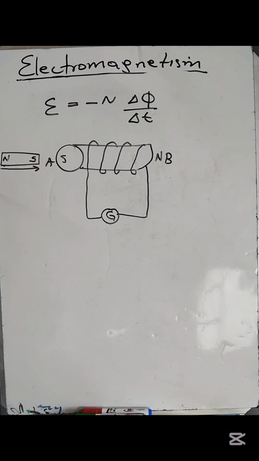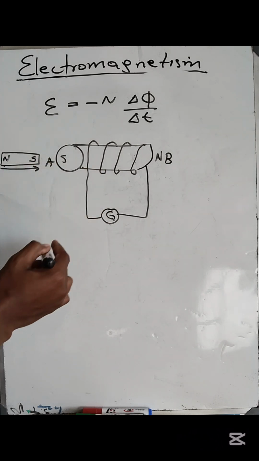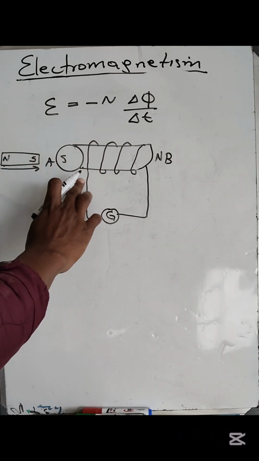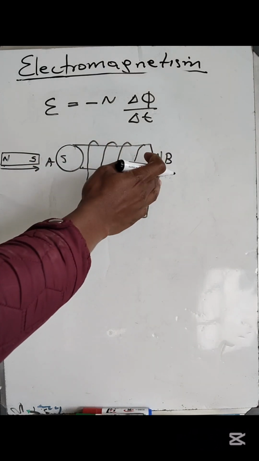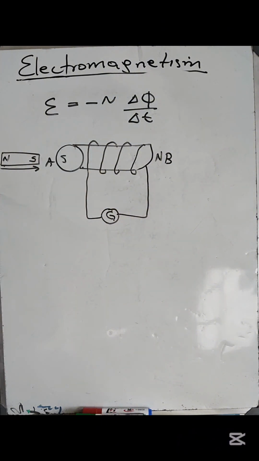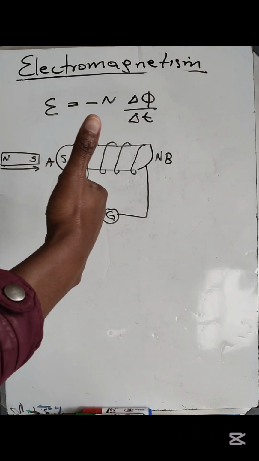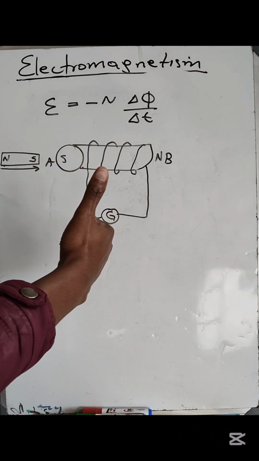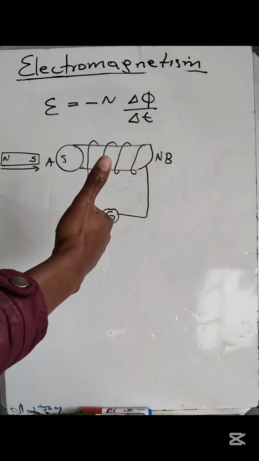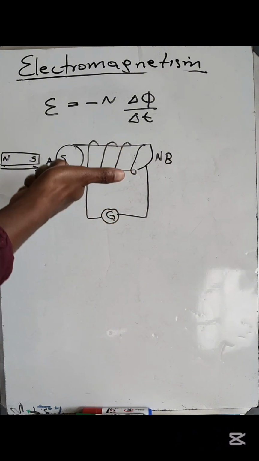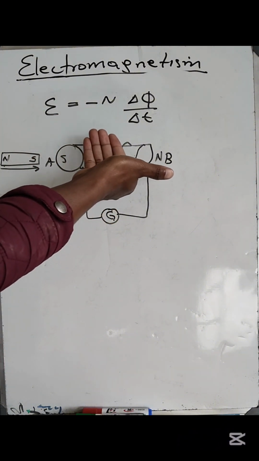Now the following question says, in which direction, A to B or B to A, does the induced current flow? So we want to know whether the current goes from A to B or from B to A. Now we are going to use the right hand rule. Remember, the thumb represents the direction of the north pole, which means it must point to the north.